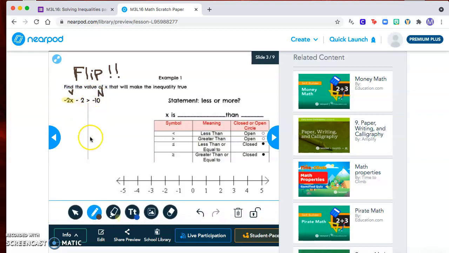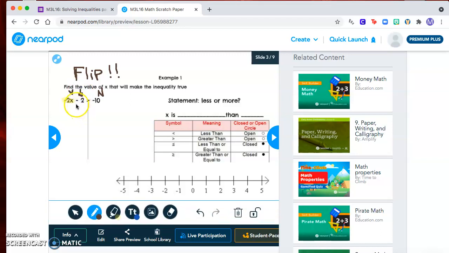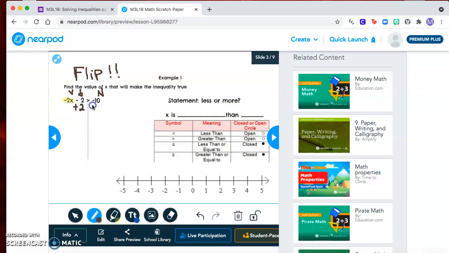Now we all know that we get started with the variable side. The line is there to separate both sides, and we always start with the side with the variable, and I'm going to get rid of this -2 first. So we always get rid of the constant first, the number without the variable. If I'm subtracting 2, to get rid of it we do the opposite, or take the inverse, by adding 2 on both sides.